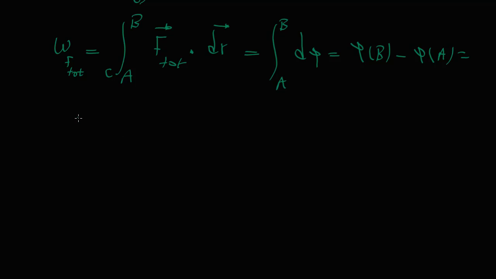So W of F total is equal to, since phi B is minus UB, let me rewrite this term by writing UA first. So this is going to be UA minus UB for a conservative system.